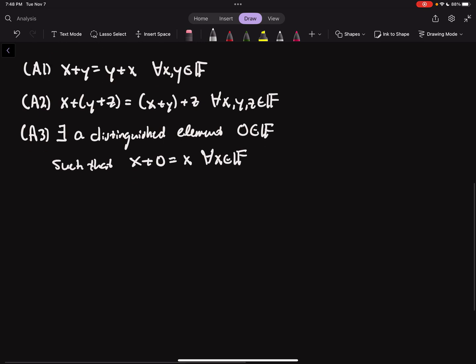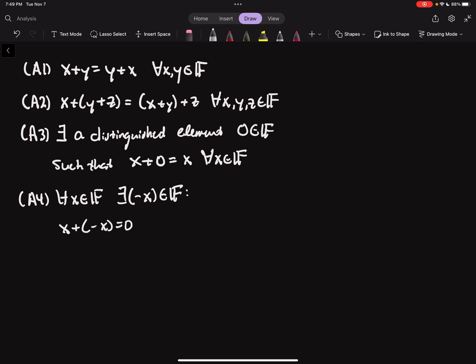Okay, and we call this 0 element an additive identity. The fourth one is that for all x in F, there is an element called minus x in F such that x plus minus x equals 0.